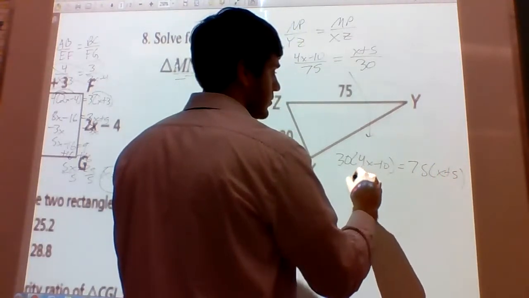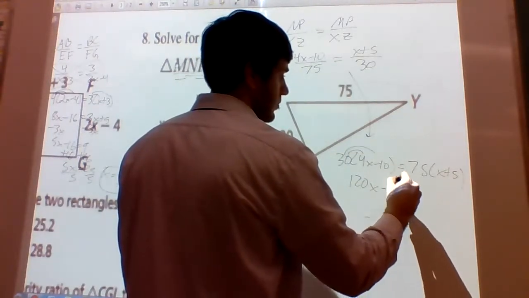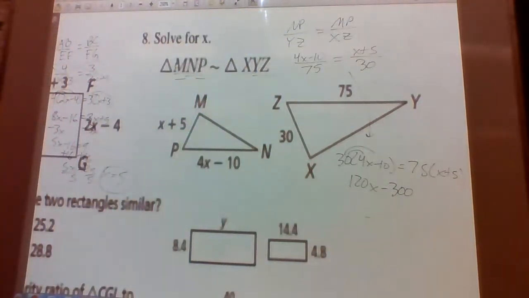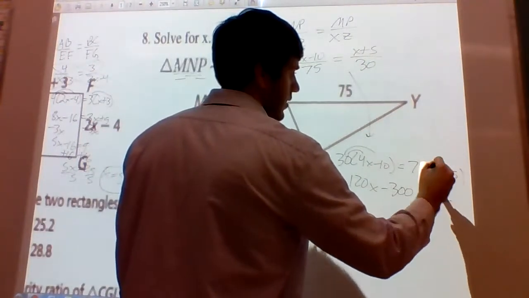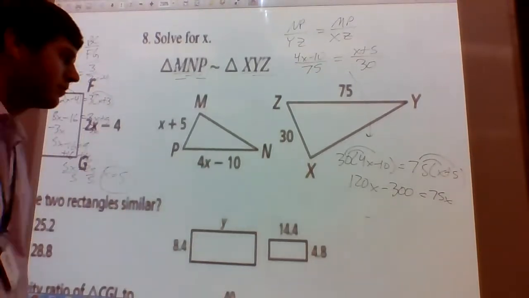So that's going to be 120x. Distribute: 120x minus 300 equals 75x plus 375.